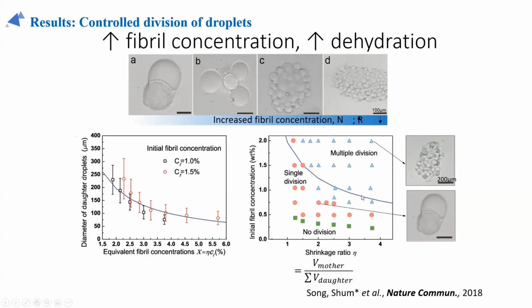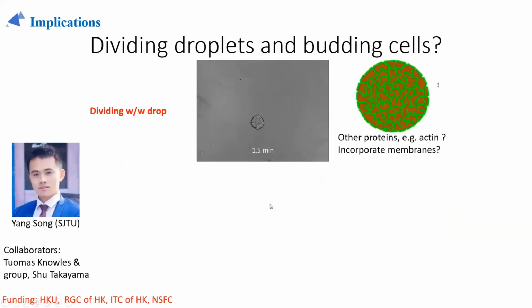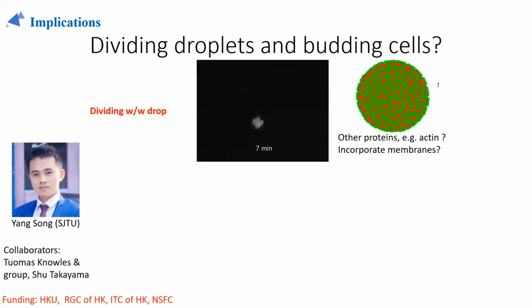And we notice that you can vary the fibril concentrations, you can vary the degree of dehydration to control the degree of formation of the daughter droplets or the droplet division. And we can go from having no division to single division to multiple division simply by varying the shrinkage ratio and also the initial fibril concentration. So overall, this may have implication on understanding how cells would divide or would bud.